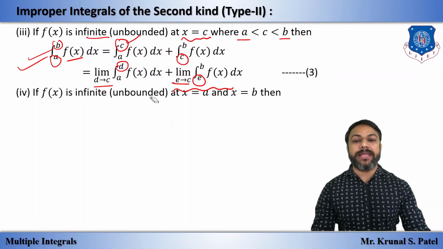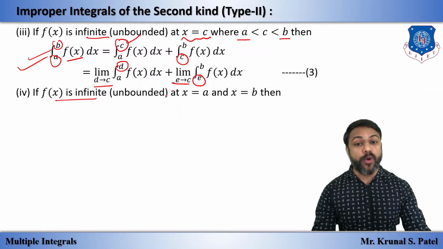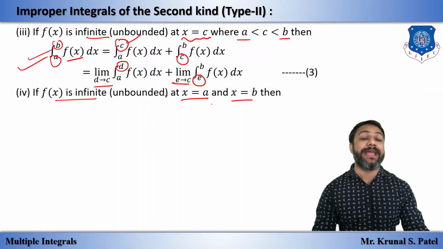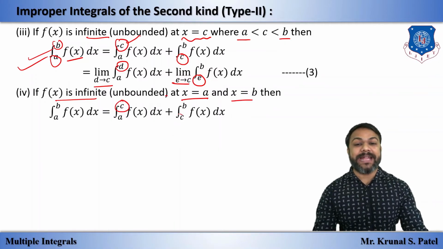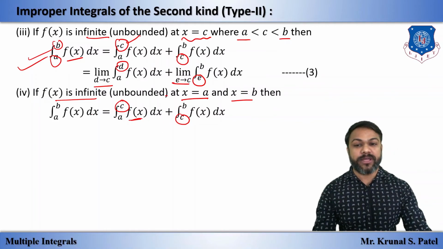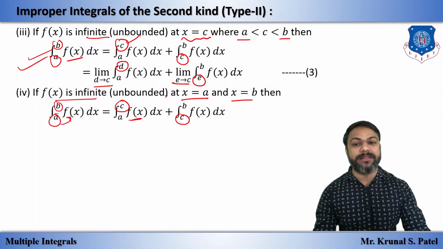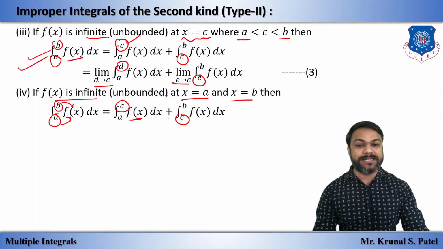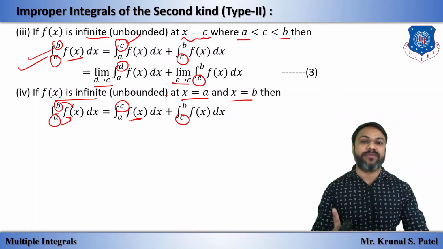Same way, if f of x is unbounded at both end points, a and b both, then we have to find one point c at which this f of x is not unbounded, that means not infinite. Because at a this is infinite, at b this is also infinite, so we have to find c at which the function is not infinite.